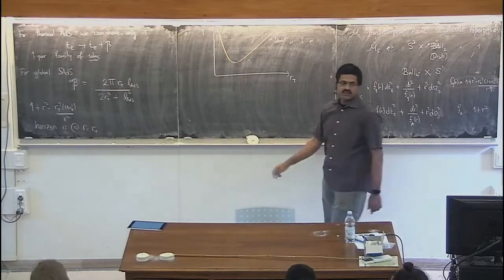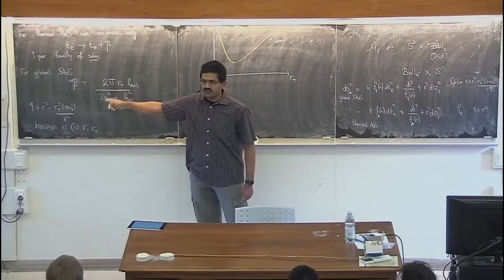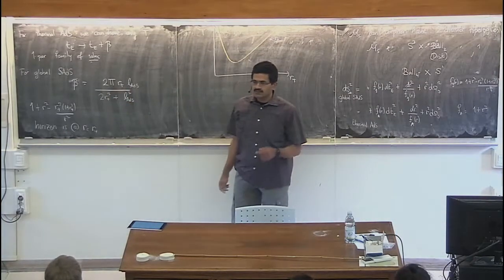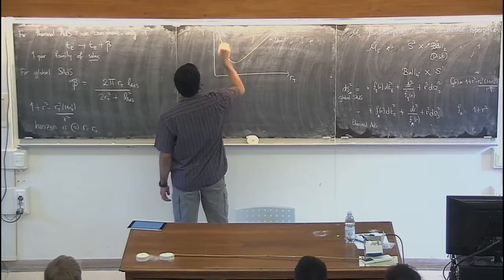For large r plus, the temperature goes like r plus. Temperature is 1 over beta, it goes like r plus. For small r plus, the temperature goes like 1 over r plus.